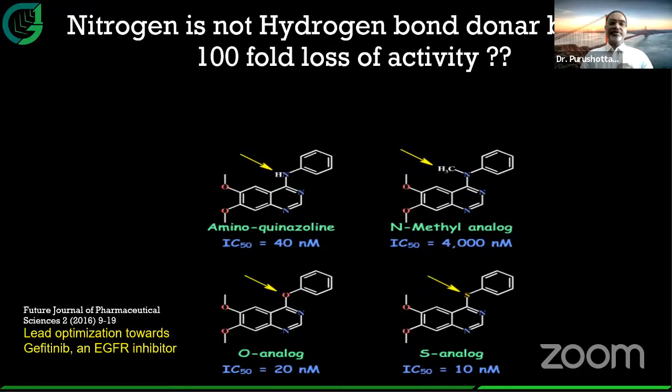We have seen in earlier examples that smaller modifications have favored the geometry, favored the configuration, and increased the activity. Here, the small modification is actually causing the loss of activity. Why it is so, we will see in the next slide.